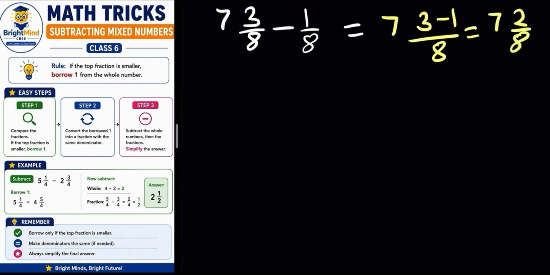Here we can also reduce 2 by 8. It is divisible by 2, so it will come 7 and 1 by 4.